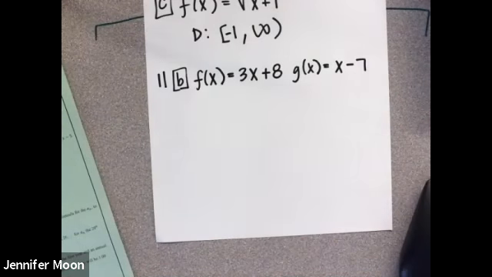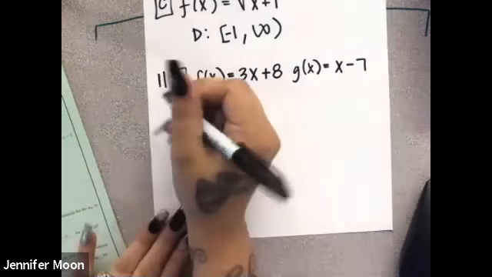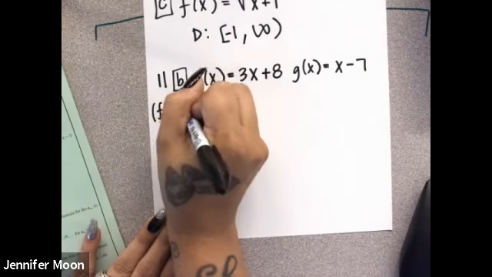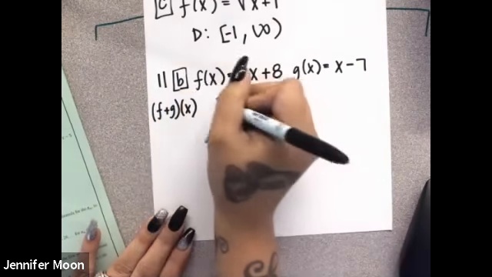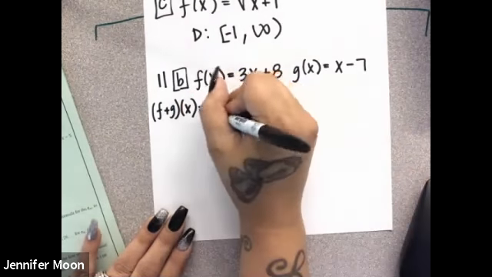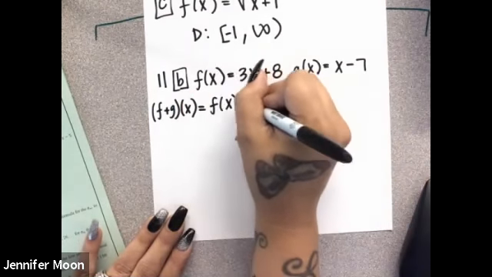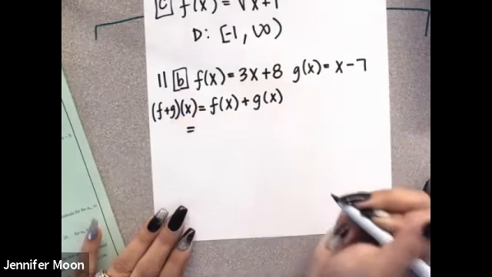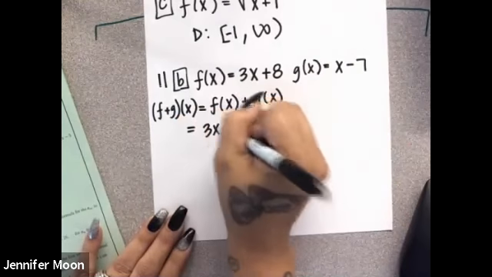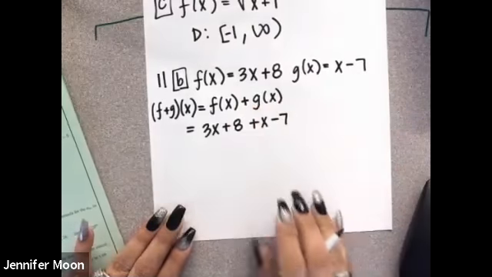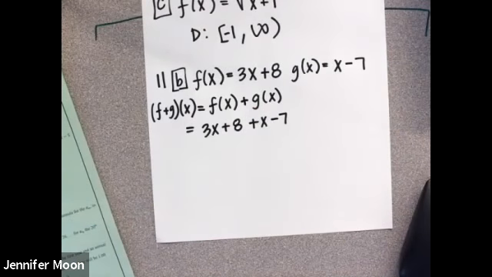So for f plus g, I've got f plus g of x. So what I do is I take my f of x and I add to it my g of x. And if I do that, I have 3x plus 8, here I just have plus x minus 7. Y'all, we combine like terms.